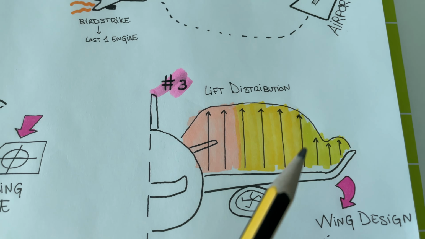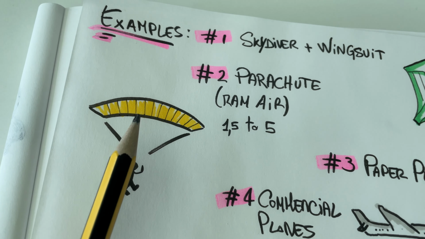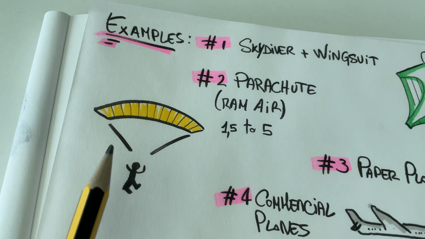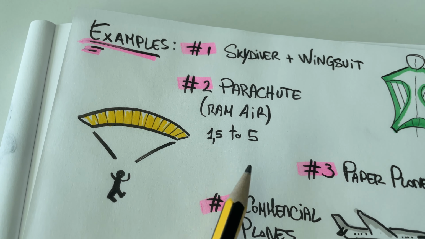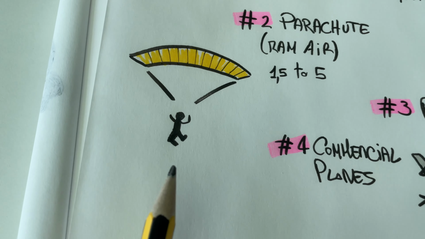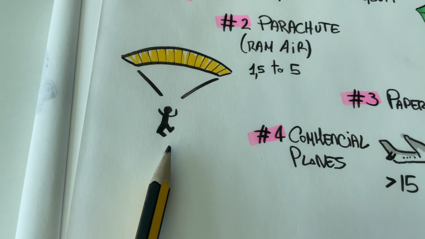If you move to example number 2, when you open your ram air parachute, depending on the shape and the size of the parachute itself, we can go from 1.5 to 5 in some cases, and it also depends a little bit on the ability of the pilot below the canopy.